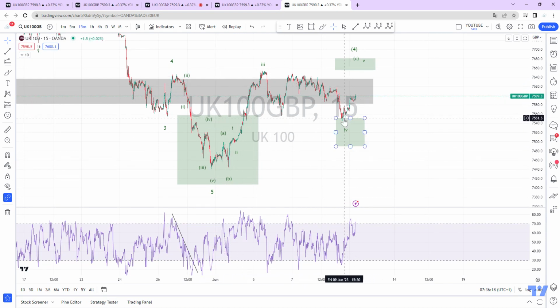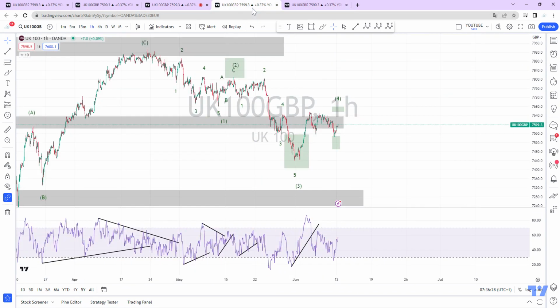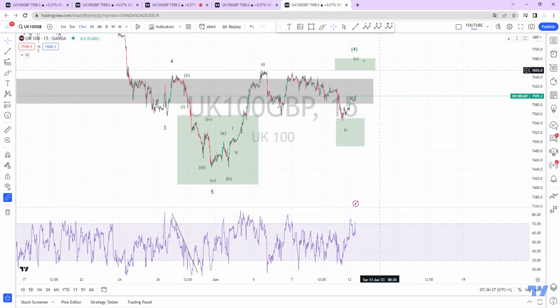So if we see from here 5 waves up that end somewhere in this area, taking out this wave 3 high with divergence here on the 1 hour, so we have lower RSI compared to our wave 3, then for me this is still a short opportunity.